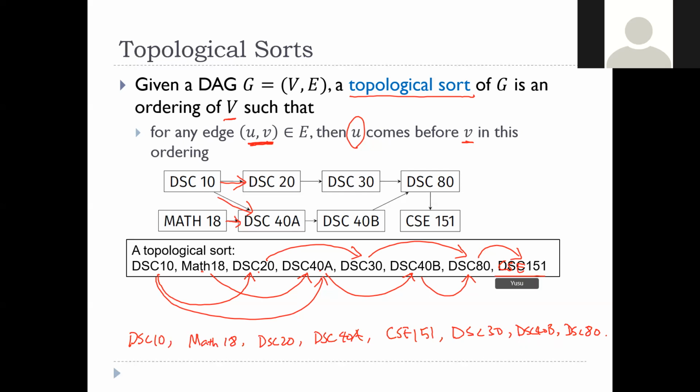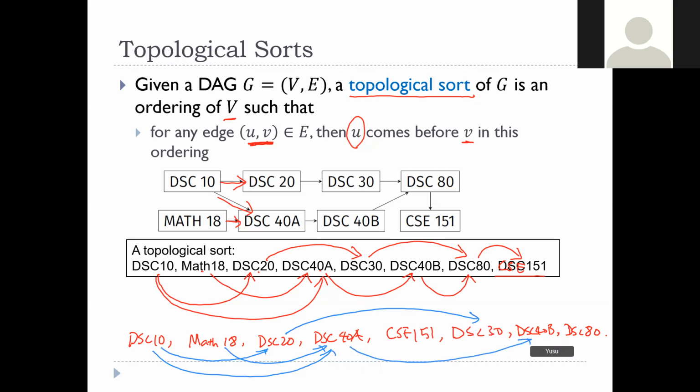Now if you look at all the edges, these are all still fine. 20 goes to this, 40A goes to 40B, 30 goes to 80.